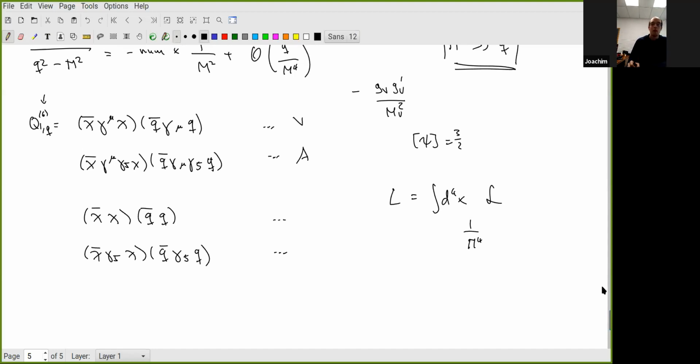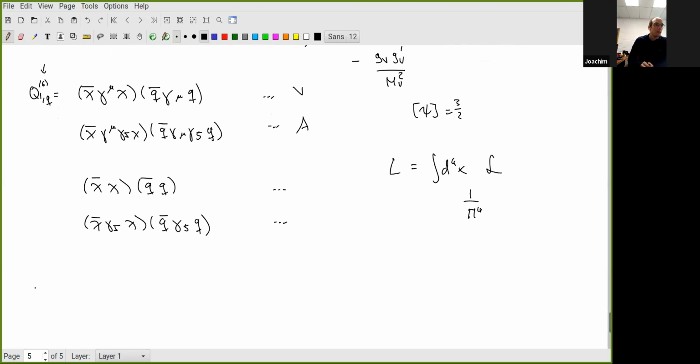So in general, by just listing all the possibilities, we can write this Lagrangian as a sum over all, let's say, all operators. Let's give this an index A. That just enumerates all these different possibilities of operators. The more fields you attach, the higher the dimension of this operator is.